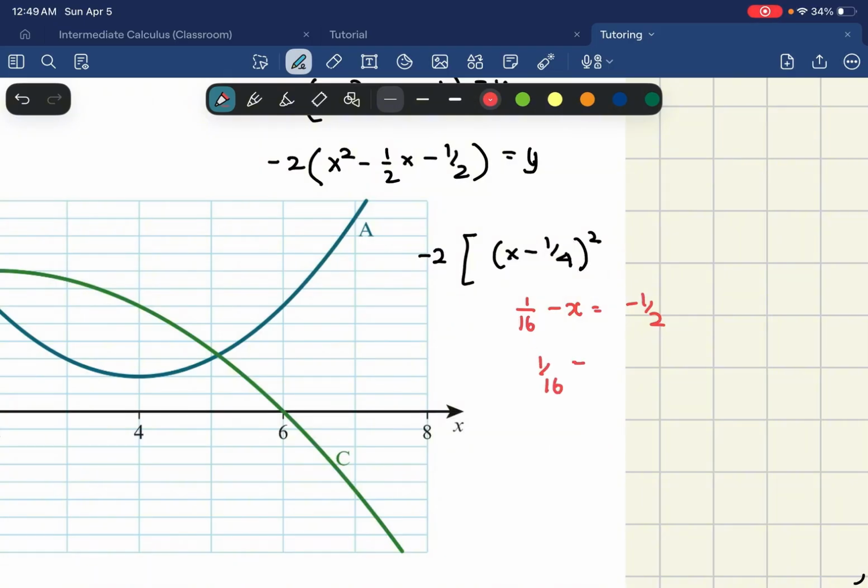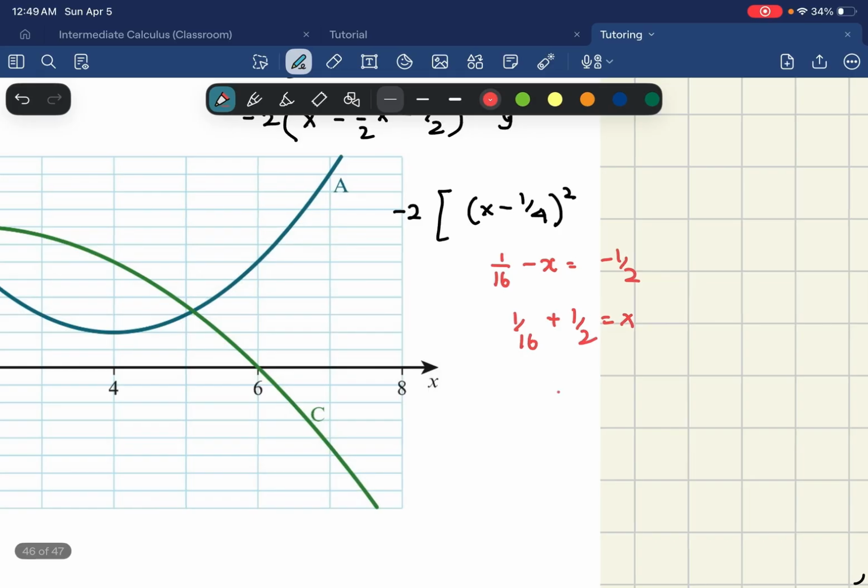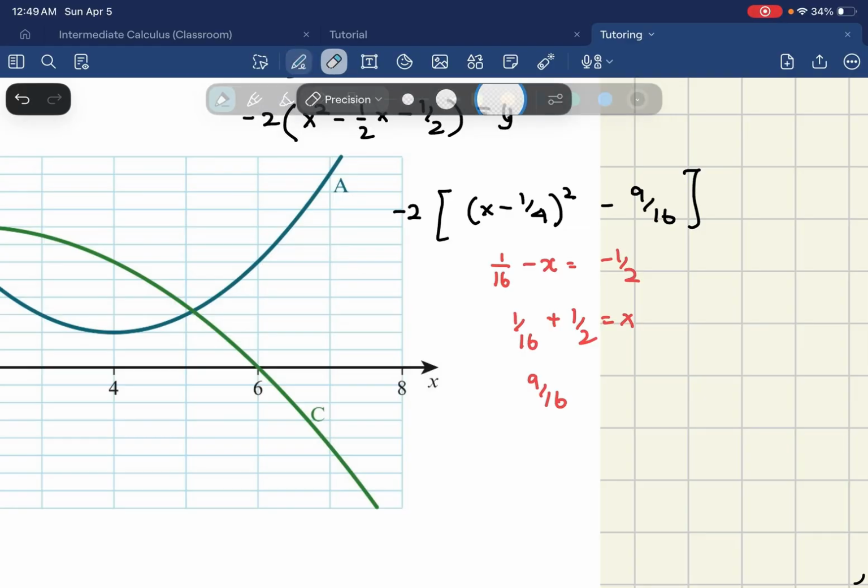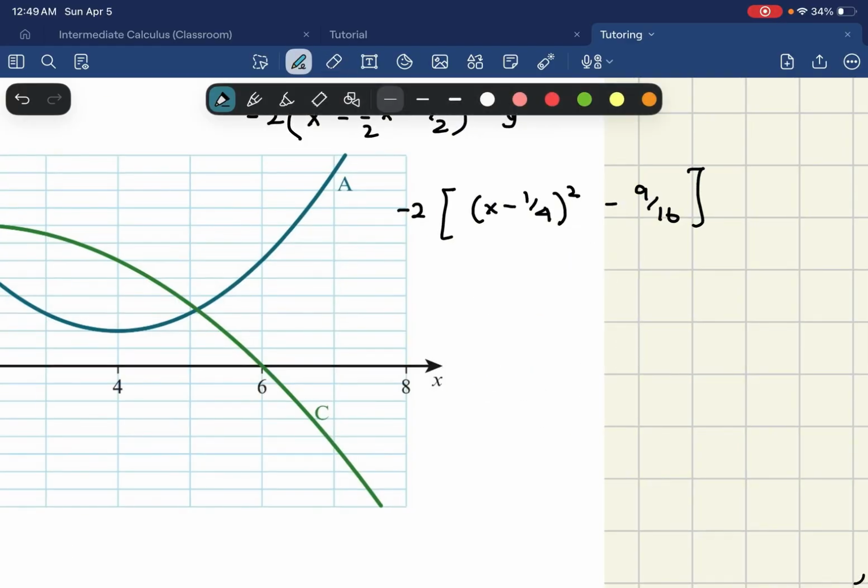It's going to be 1 over 16 plus 1 over 2, which I believe is 9 over 16. So you need to subtract 9 over 16. Alright, so now that we have this, we have negative 2 times x minus 1 over 4 squared plus 18 by 16.